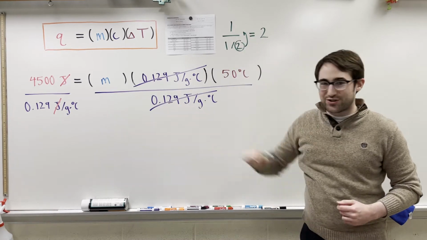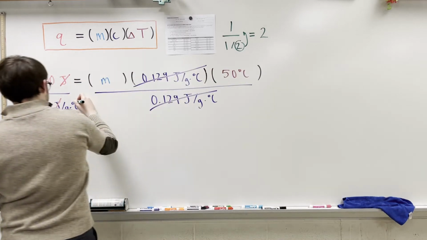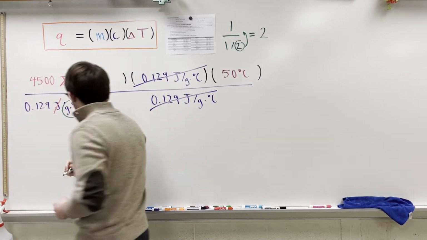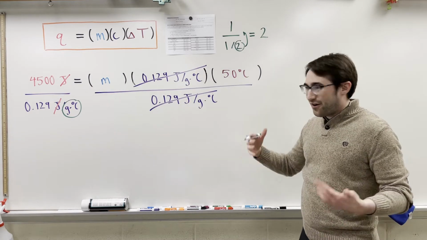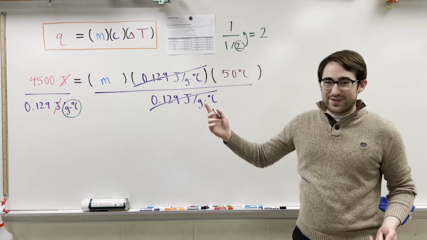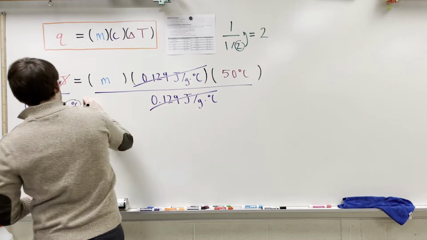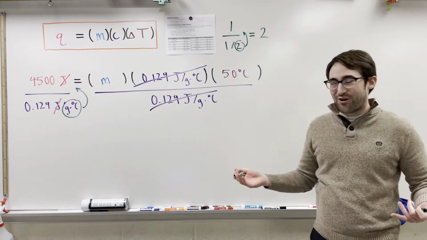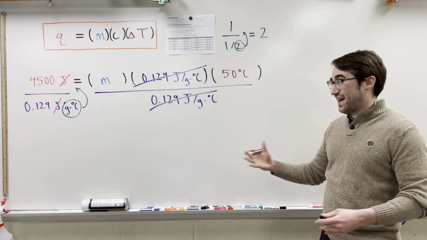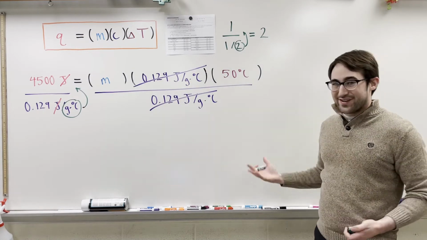The same is true here. When you divide by units that are like this, per gram degree Celsius, they get flipped to the top. So they become part of that answer. They become part of that new unit, which is just grams and degrees Celsius.